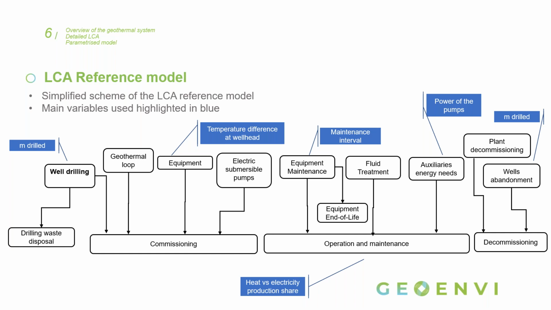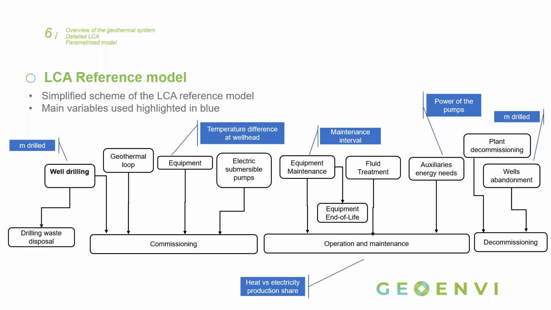But this reference model is valid mostly for the geothermal power plants. So we have a commissioning phase with the well drilling, the geothermal loop building, the equipment commissioning, and so the electric submersible pumps, which is an important part for this power plant.